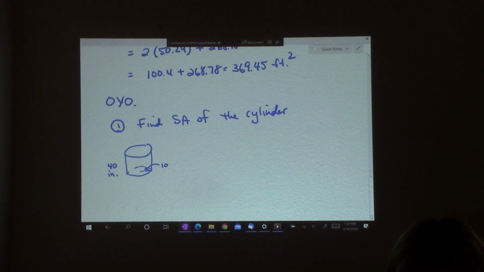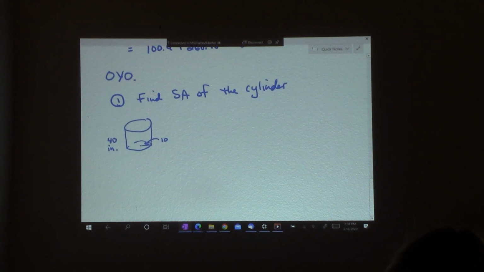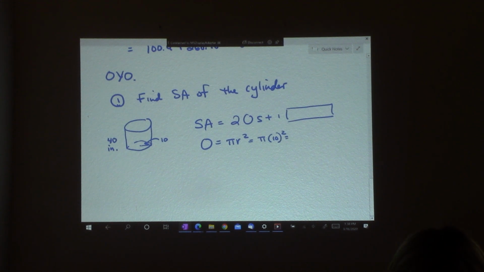Okay, so to do this problem, I'm going to have my plan, which is the surface area is 2 circles plus 1 long rectangle. So the circle is pi r squared, that's my area formula. And I put 10 in for the radius, and to work that out, I get 314 inches squared.